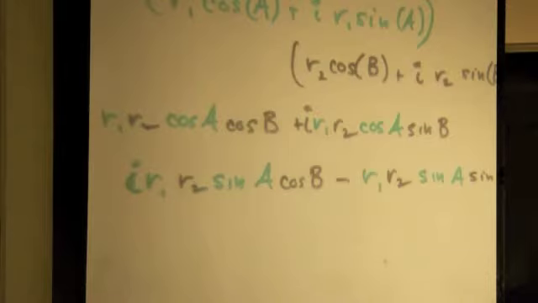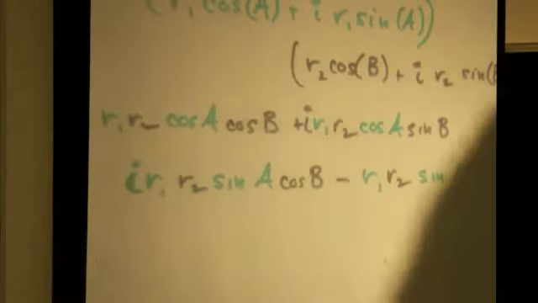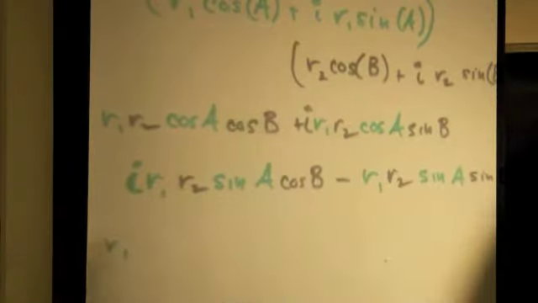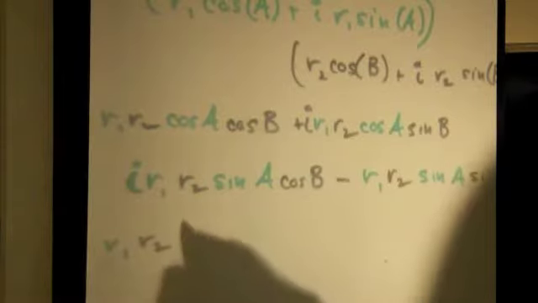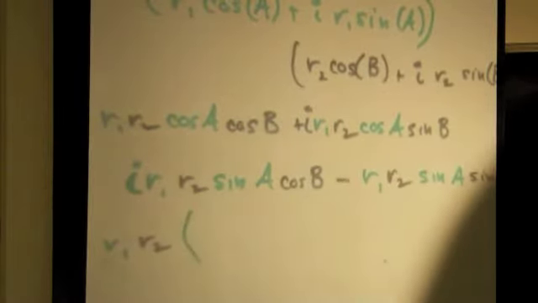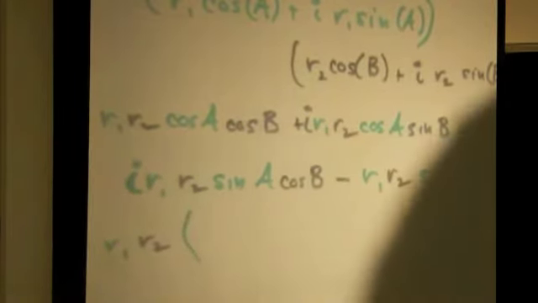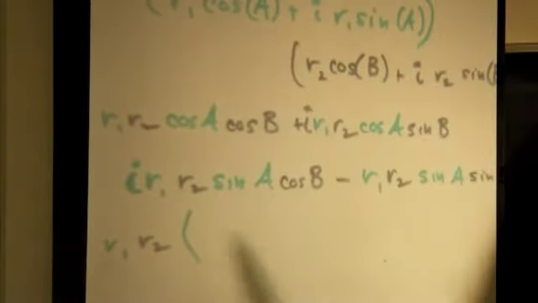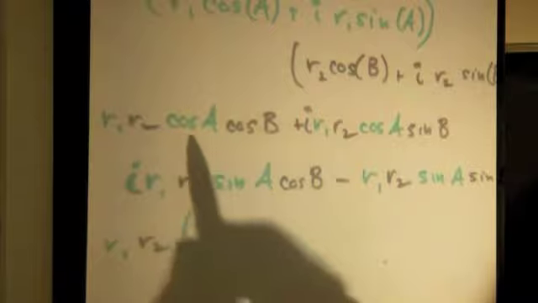But I can still gather some like terms together. I can pull an R1 times an R2 out of the whole mess. See that? I'm going to put a big set of parentheses in. Oopsie, I'm going to run out of space with that set of parentheses. I'll just leave it open. And then I'm going to think about the real component first.